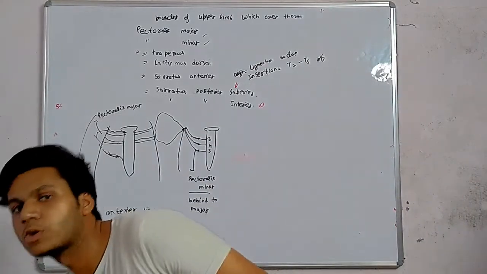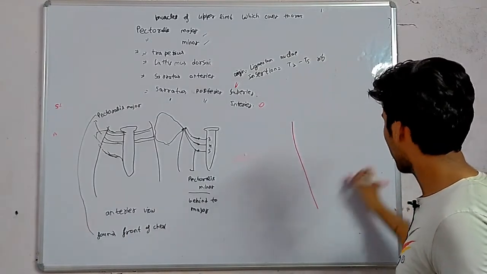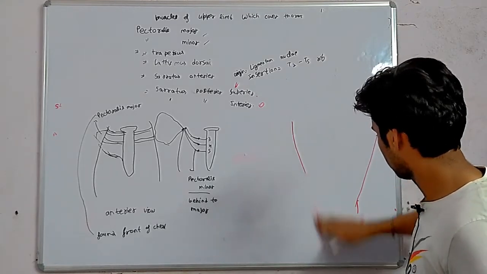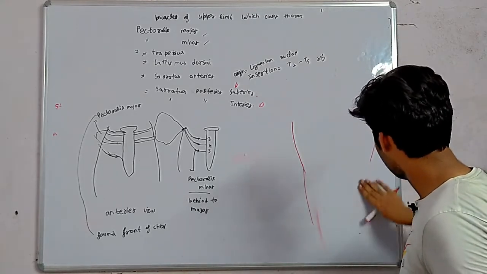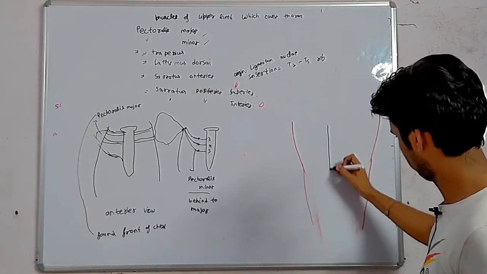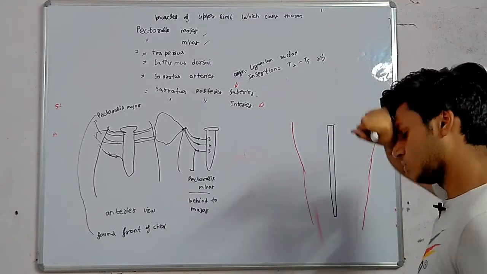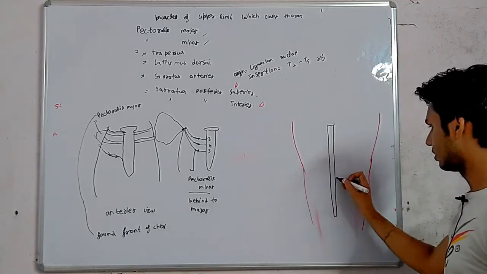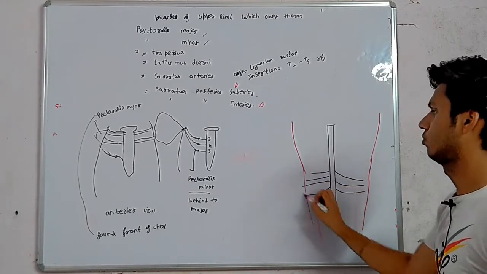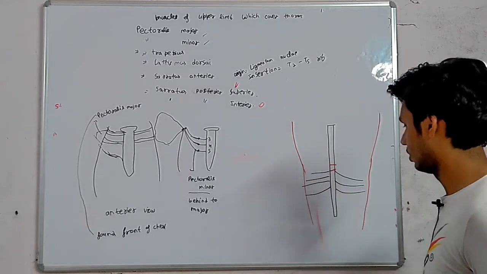Now talk about serratus posterior inferior. Let's say this is the area of the back. This is the vertebral column, and these are the ribs.